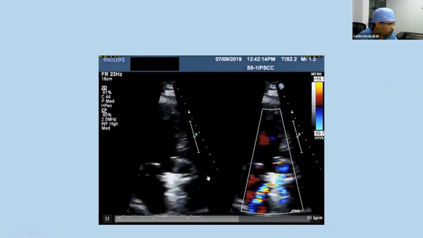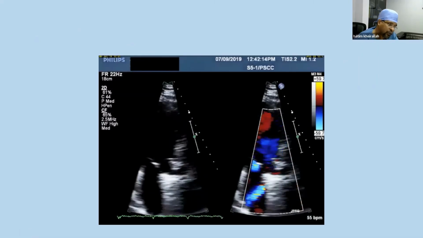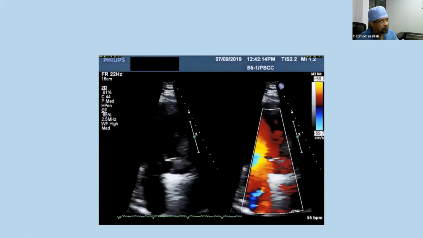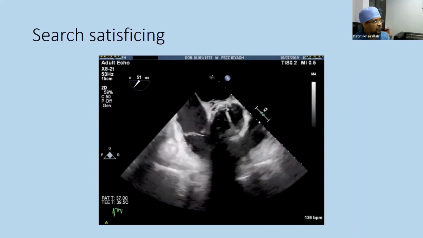transthoracic echo, and even the echo technician, the second time we did transthoracic echo, after we knew the fistula, there was a special focus on this to say satisfying.